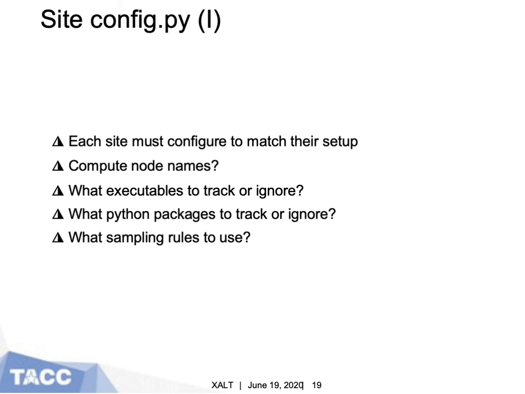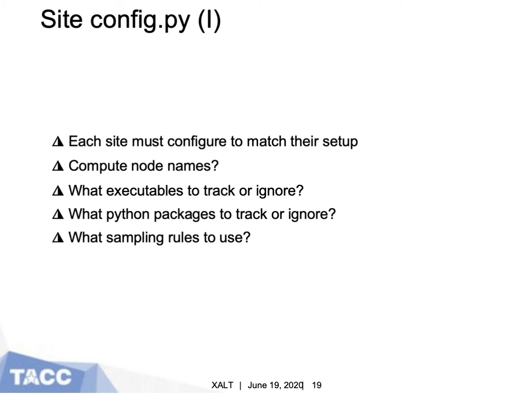You're also going to want to know what executables to track and what to ignore. For us at TACC, we're mainly interested in knowing user codes and stuff that we build ourselves, our version of VASP and NAMD and our libraries, PETSc and so forth. But we're not typically interested in /bin/ls. But we might be interested in cp, mv, awk, sed, Perl.